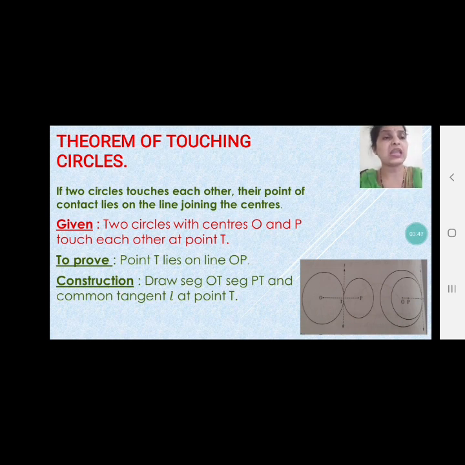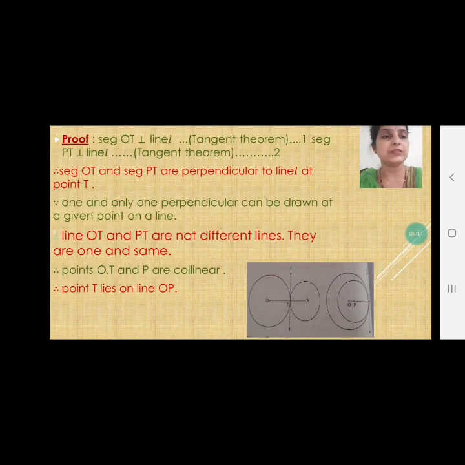We draw lines OT and PT and one common tangent, line L, passing through point T. The same is done for the internal case. Now OT is perpendicular to line L and PT is perpendicular to line L at point T. Now, by the property of perpendicularity, one and only one perpendicular can be drawn from a given point on the line.